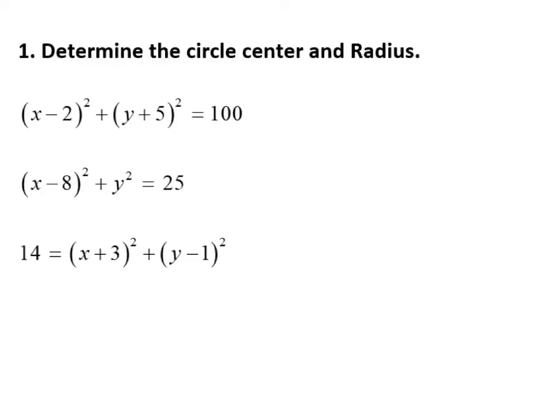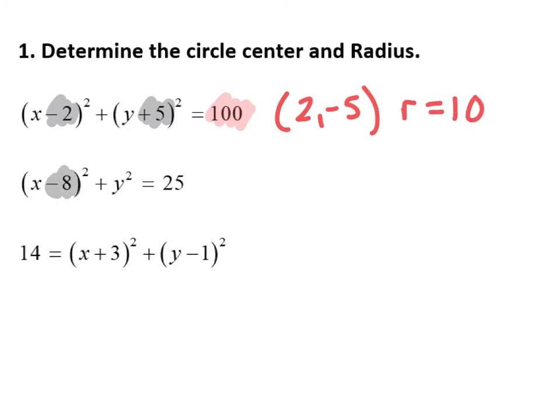So let's try a couple quick ones. Our center will be found with these numbers. Our radius will be used here. So our center would be at 2 and -5, and our radius would be 10. Try it again. We're going to find our center here and here. We'll find our radius hiding in here.